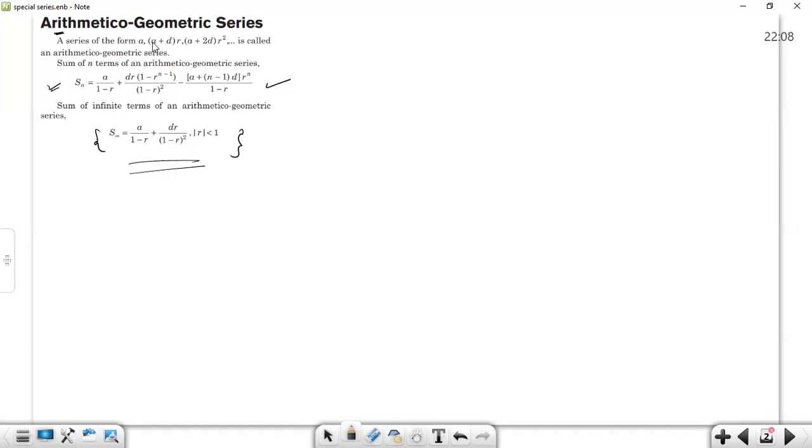Now, what is AGP? Simple. It is the combination of arithmetic progression and geometric progression. It's like the multiplication of an AP term and the common ratio of a GP. This is a typical arithmetico-geometric progression term.